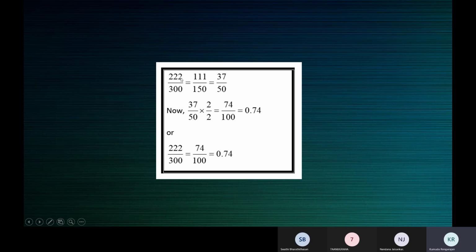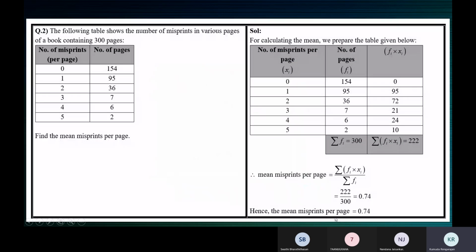So here, children, we have 222 by 300, right? Sigma Fi Xi by sigma Fi is 222 by 300. So how do we get 0.74 is what I've worked here.